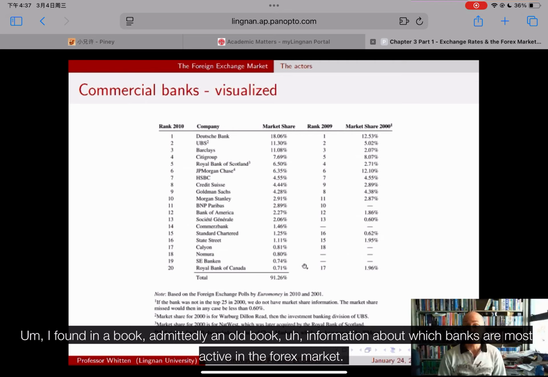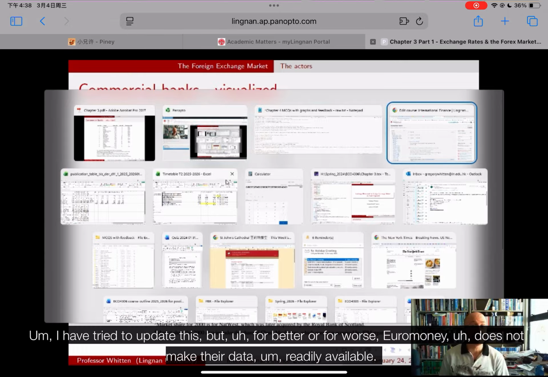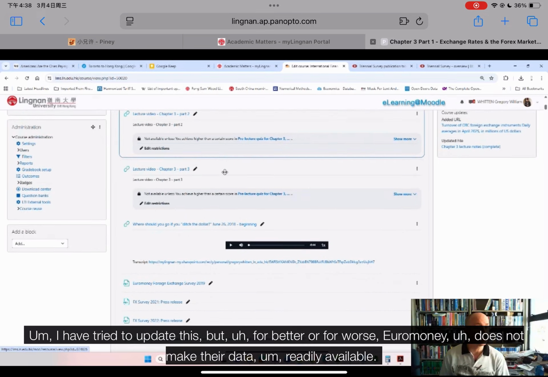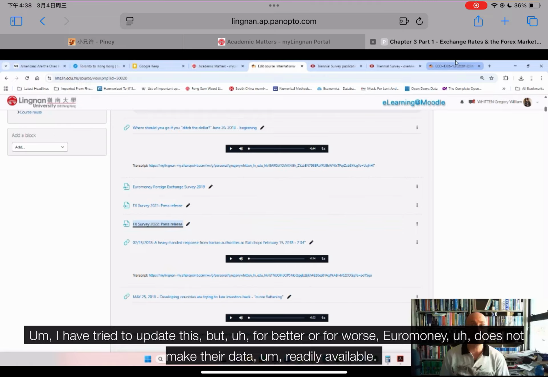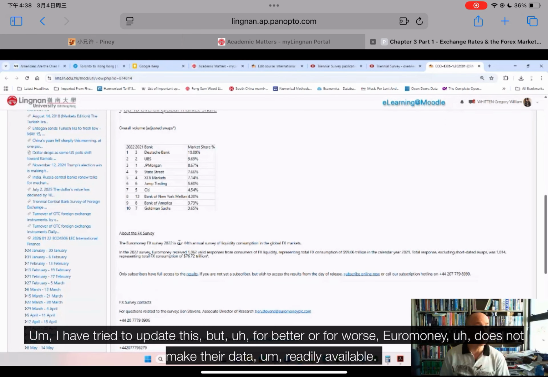I found in a book, admittedly an old book, information about which banks are most active in the Forex market. So this is from Euromoney. You can see that at top you have some of the most well-known banks. I have tried to update this, but for better or for worse, Euromoney does not make their data readily available.